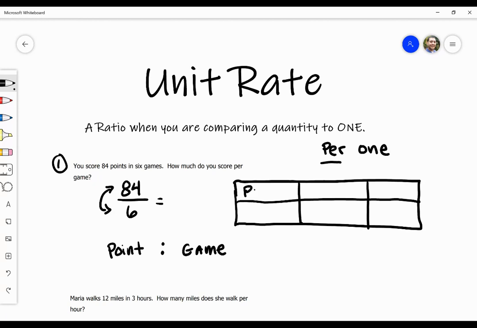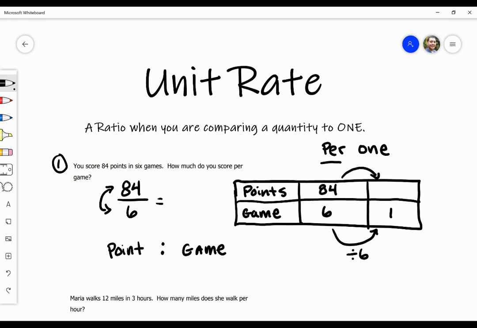So if I fill in this table the same way, we want to find out how many points per 1 game, and we know that you scored 84 points in 6 games. So what would be the 1? Well, to get from 6 to 1, you divide by 6.